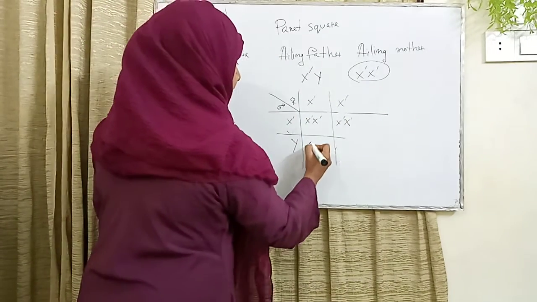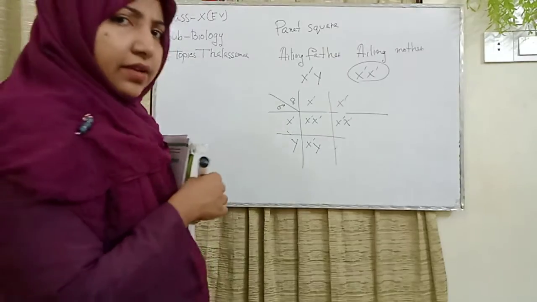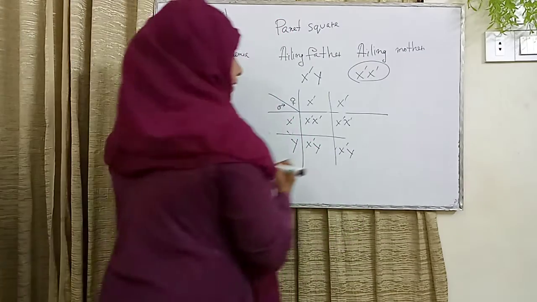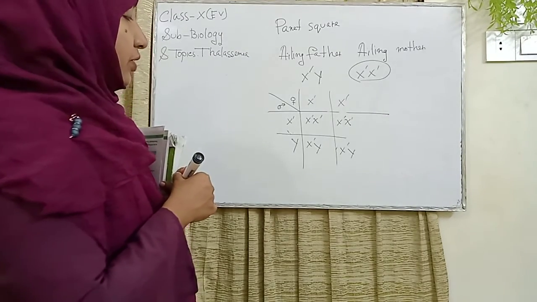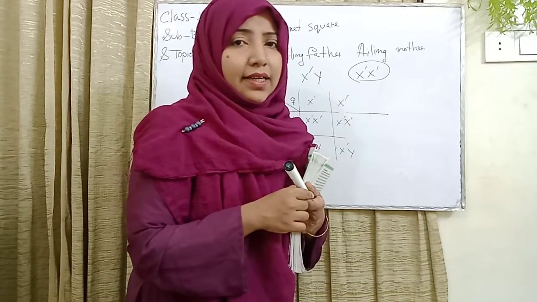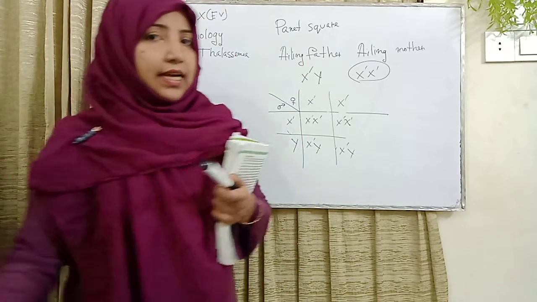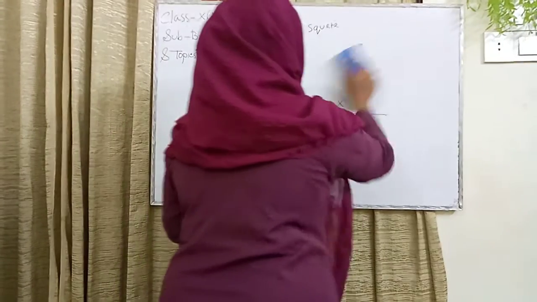Another structure is X prime and Y, the ailing father, and another X prime and Y, also an ailing father. Here are the four offspring: two are ailing mothers and two are ailing fathers. I drew only two examples.